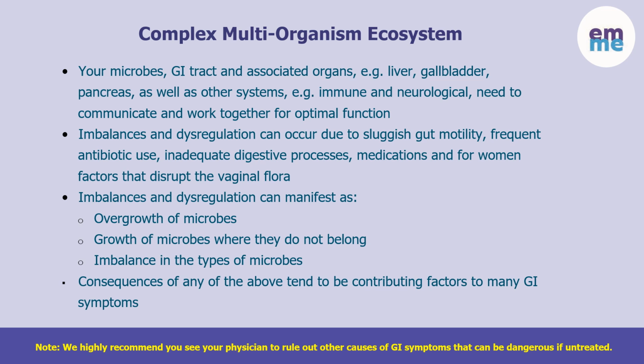In the GI tract, the imbalance and dysregulation can manifest as overgrowth of bacteria, too many cells, basically, growth of bacteria or related microbes called archaea in the GI tract where they don't belong. They can creep up from the colon, as I mentioned, to the small intestine, and an imbalance of the types of microbes. There are hundreds and hundreds of different strains, and each produce different chemicals as part of their own metabolism.